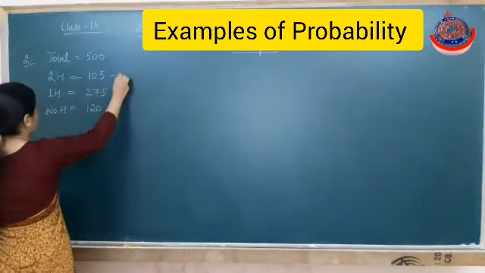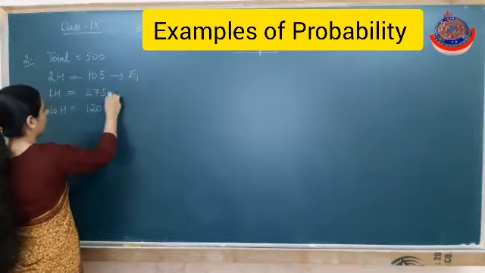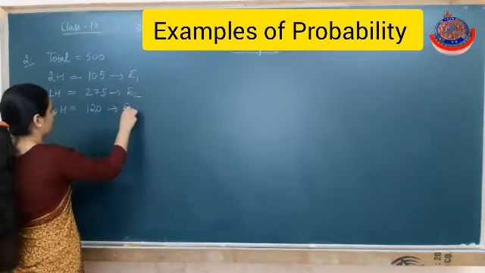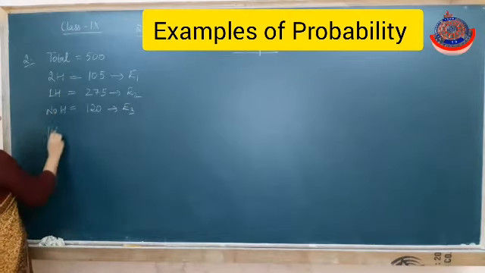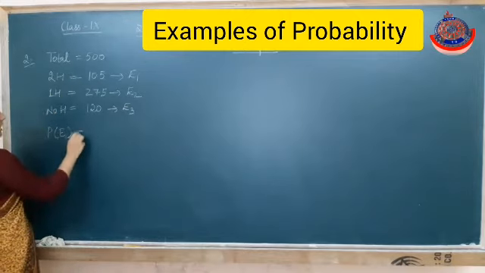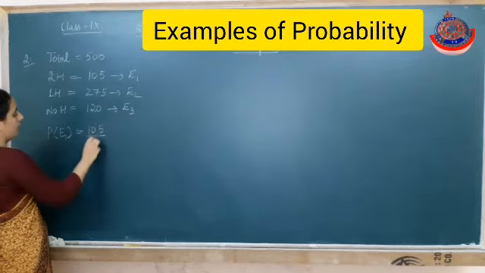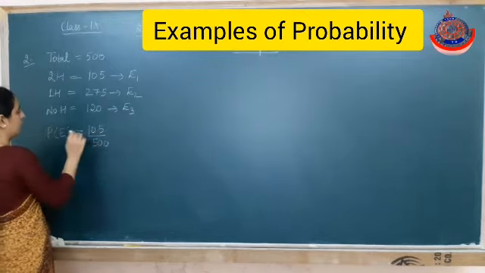Again, let us take this as E1, E2 and E3. So probability of getting E1, that means two heads, will be 105 upon 500.